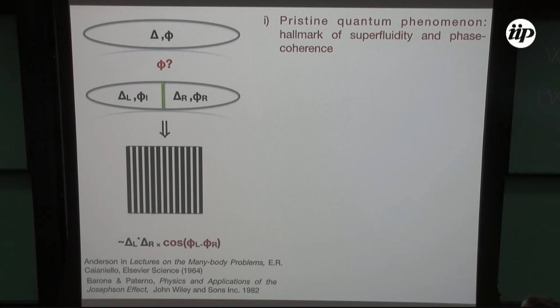The absolute phase is not very well defined, but the order parameter is related to the density of the superfluid or superconductor. If you split your superconductor into two parts, it's like studying with the Josephson effect the interference of the order parameter. It's a very nice and powerful mechanism that gives you access to the relative phase dynamics between the two superconductors or two superfluids.